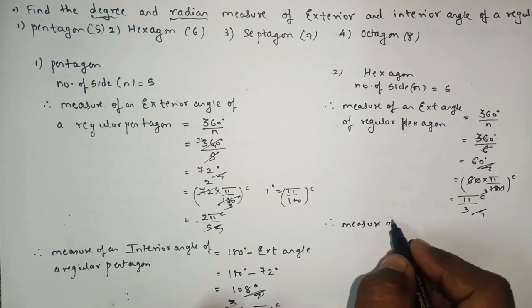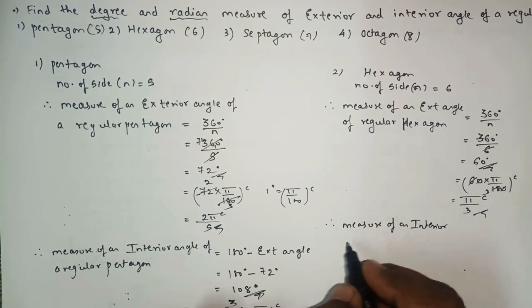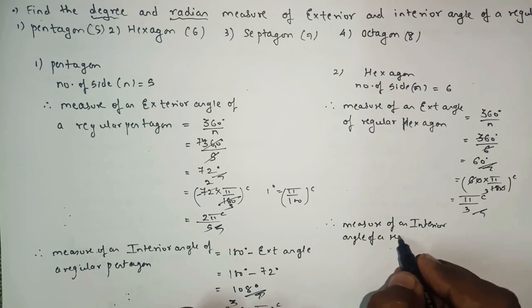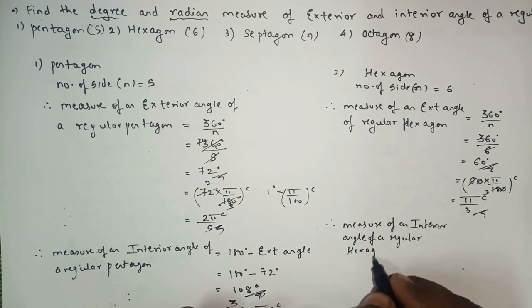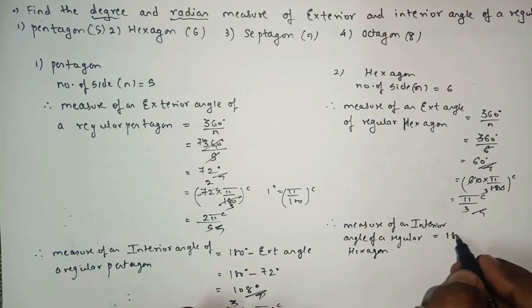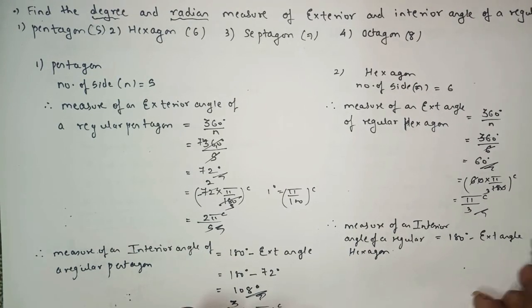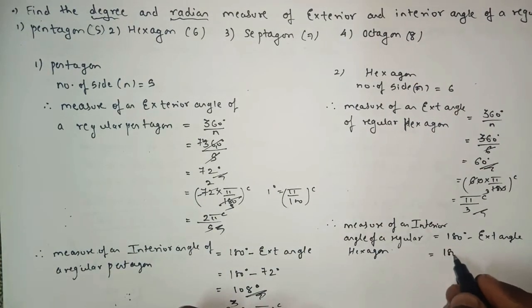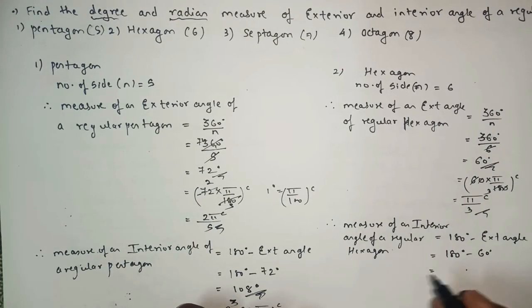The measure of an interior angle of a regular hexagon is simply 180 minus the exterior angle of a regular hexagon. So 180 minus the exterior angle in degrees, which is 60.